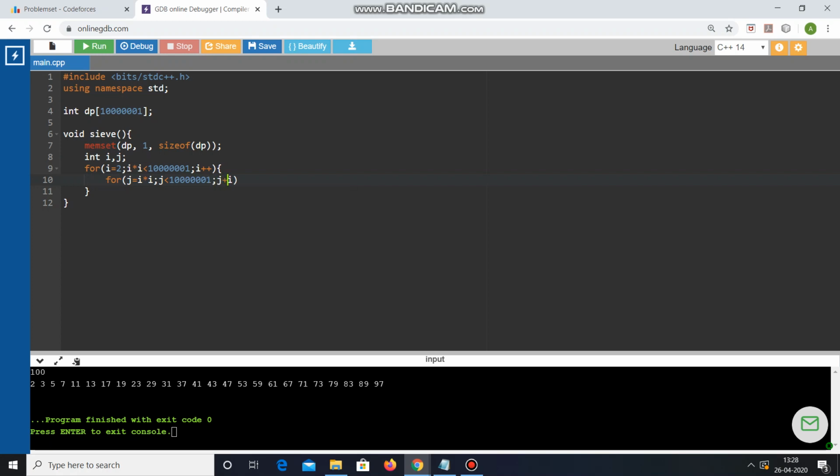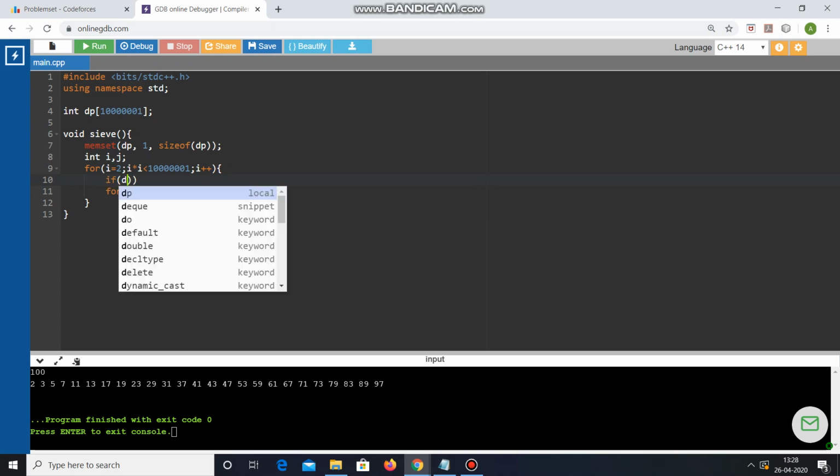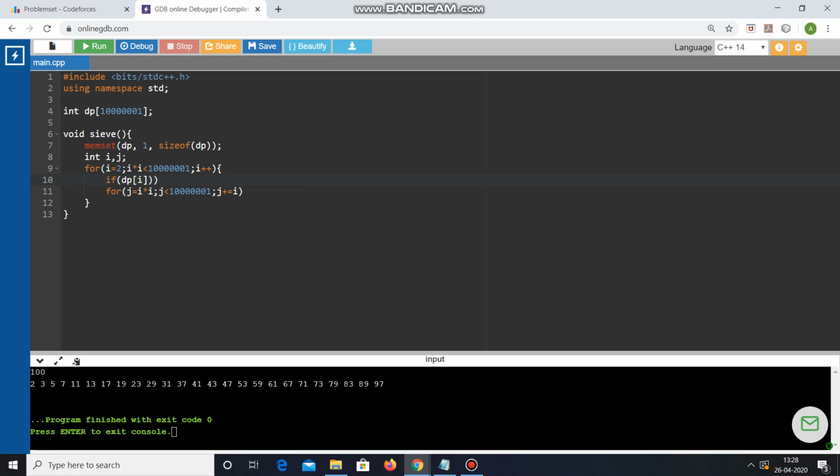So first we have to check whether it is prime or not. So if dp of i is equal to 1, then all the subsequent multiples will be set to 0, right? So that's done.